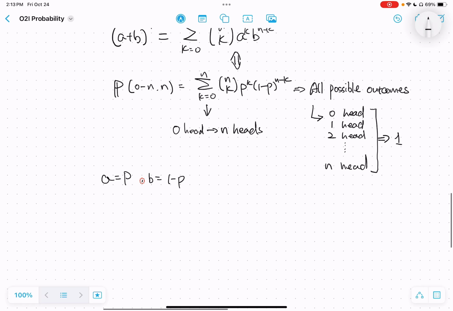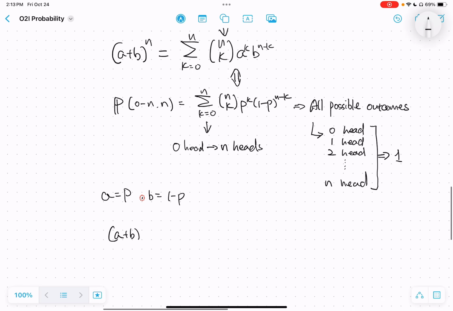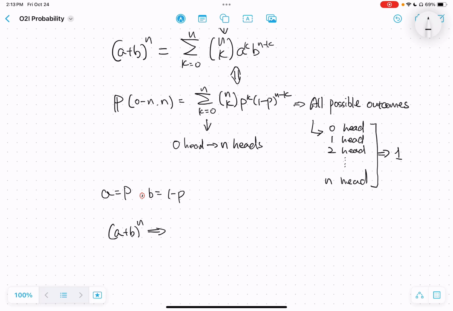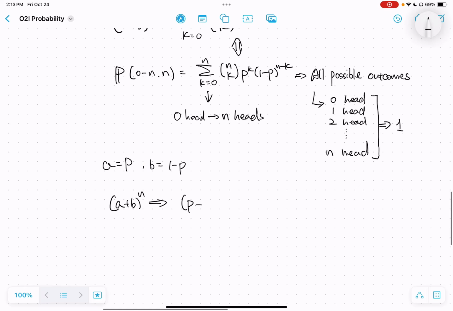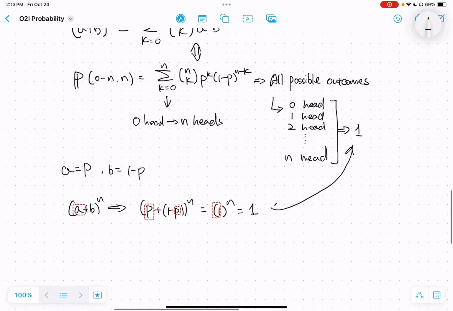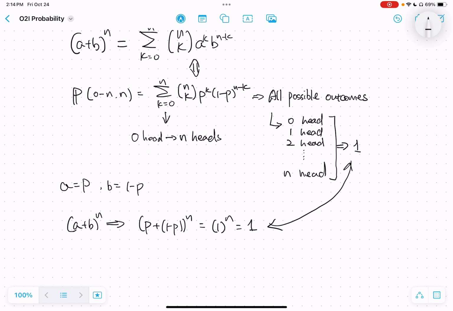So we can write (a plus b) to the power of n as (p plus 1 minus p) to the power of n. Well, this is just 1 to the power of n, which is always 1. And this is equivalent to our intuition, which is 1. So it does prove that all of our outcomes are included in this expression, okay?